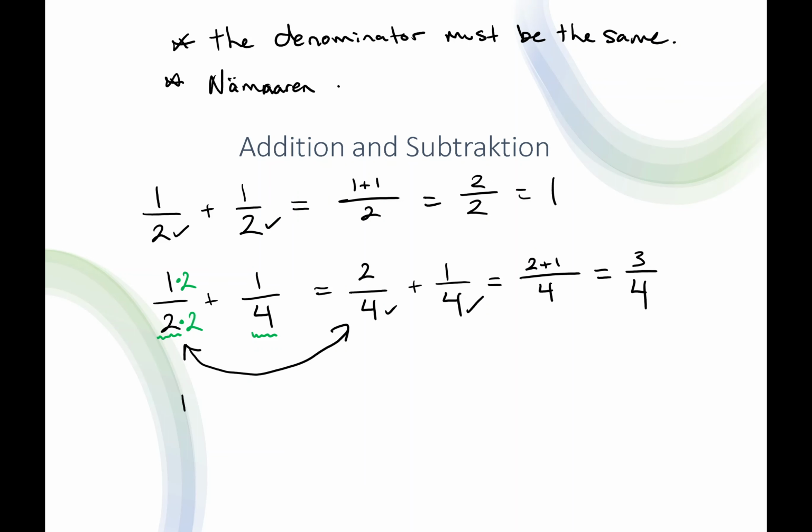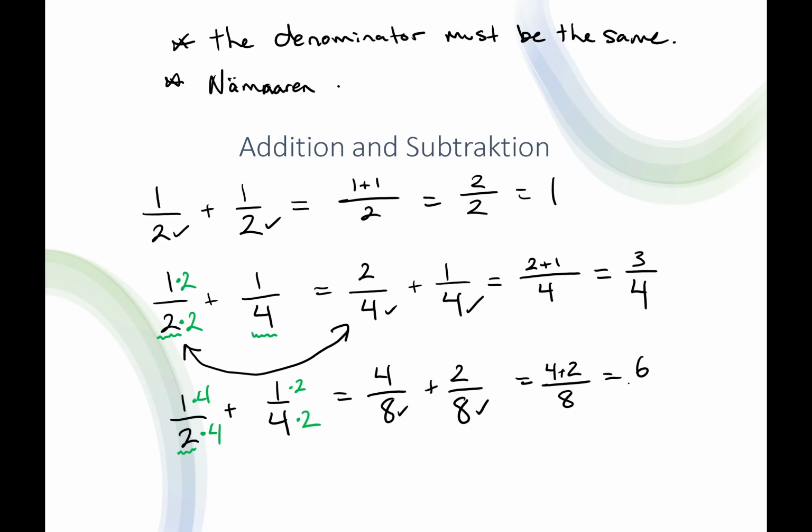However, for the lazy person, some of us don't want to think. What you can do is you look at this number and you say, well, 4, I'm going to multiply this by 4 and this by 4. You look up here, this number's a 2. I'm going to multiply these numbers by 2. We end up getting 4 over 8 plus 2 over 8. The bottoms are the same. Now we add the tops.